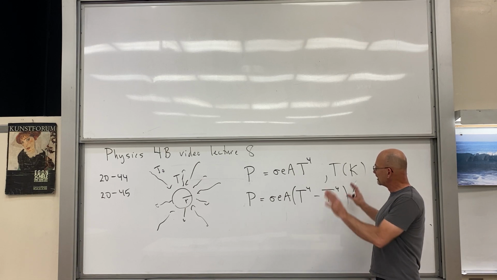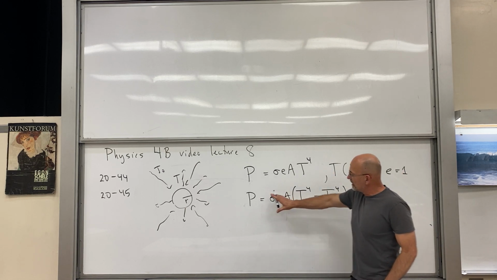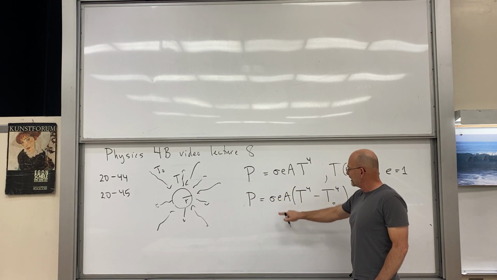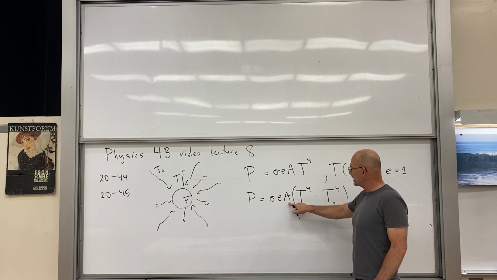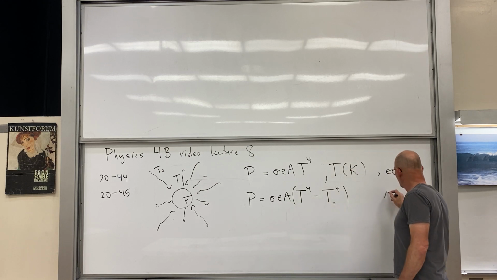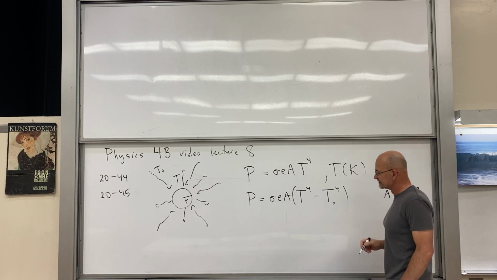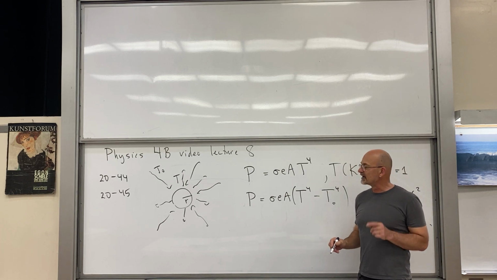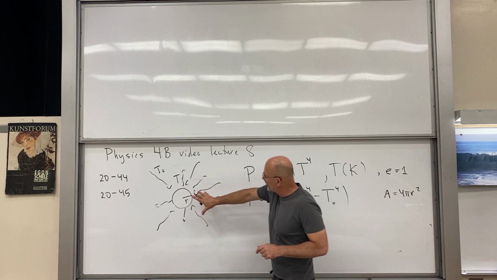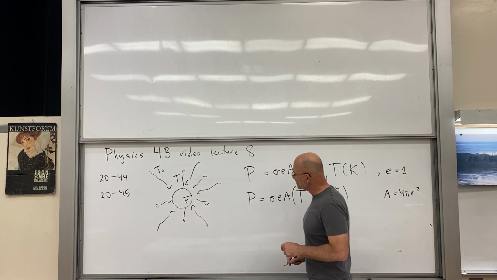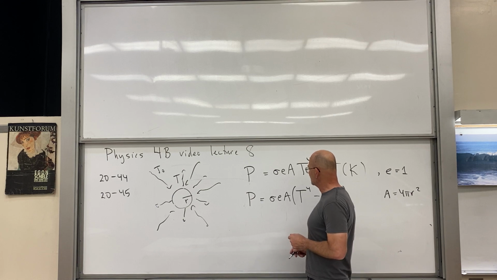Okay. But so far, so good. So that's the power, joules per second being radiated. E is equal to 1. Stefan Boltzmann constant. A, of course, is 4 pi radius squared. So the question is, what's the change of temperature of this object? Because it's a solid copper sphere.